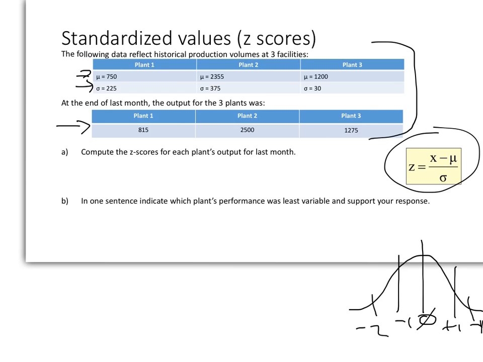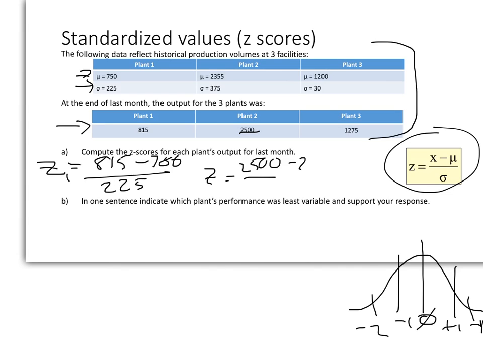All right, so in our first case here, z of plant 1 is going to be our sample, 815 from this month, minus 750 over 225. Okay, z2 is going to be 2500 minus 2355 over 375.